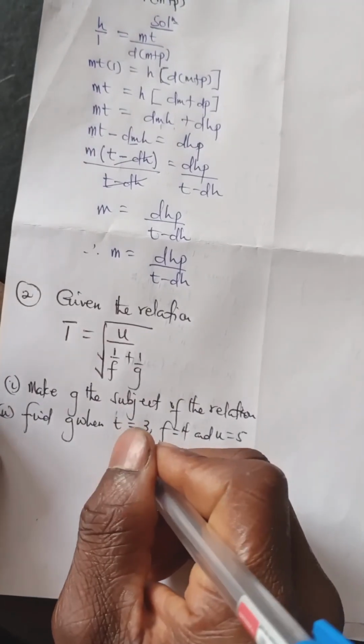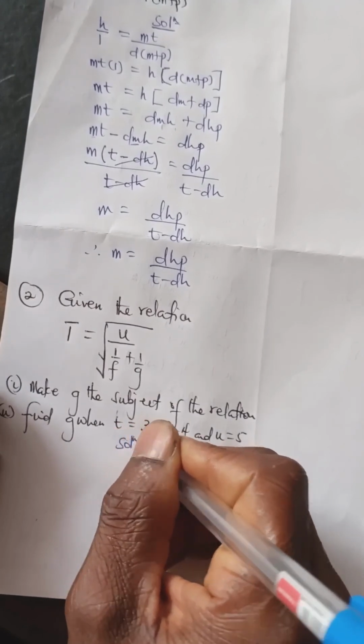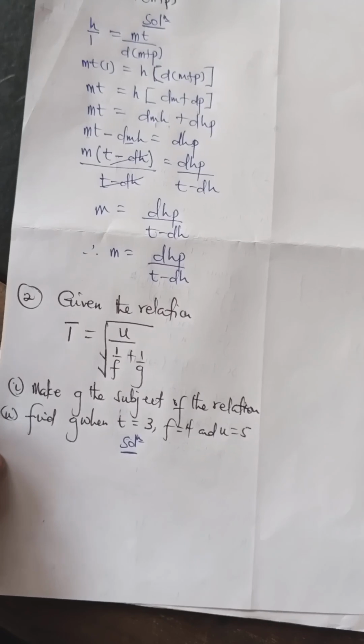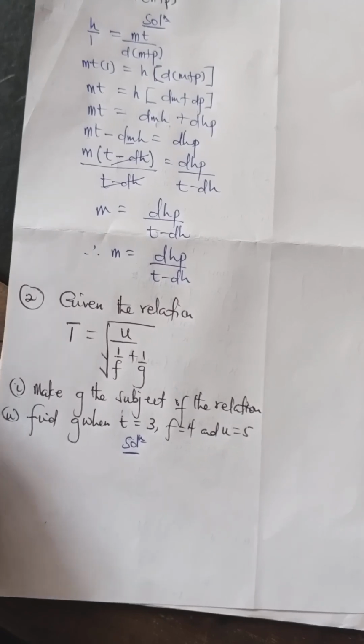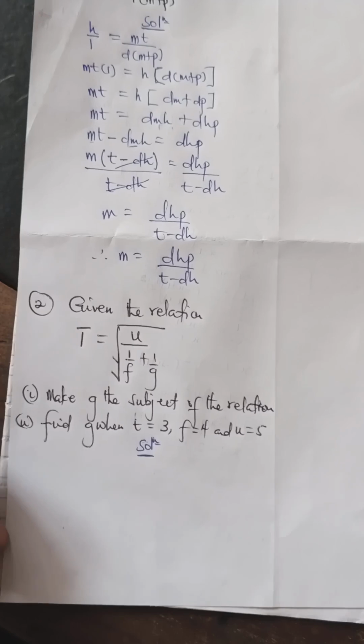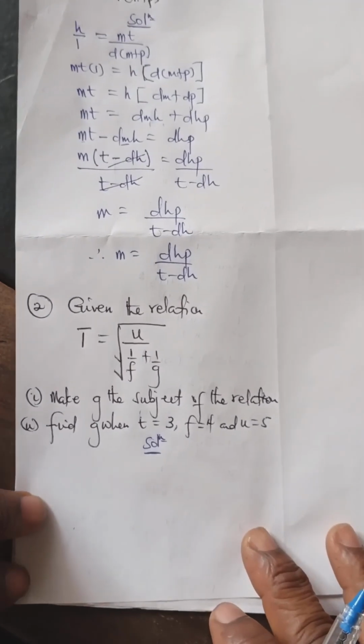Alright, so we continue with the second question, which says that given the relation T is equal to the square root of U times 1 over F plus 1 over G, make G the subject of the relation, and then find G when T is equal to 3, F is equal to 4, and U is equal to 5. So in this case, we try and make G the subject.